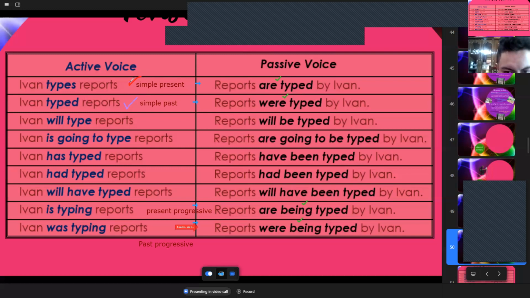So today we are going to practice with this and with present continuous and with past continuous. Now, remember: are typed, were typed, are being typed, or were being typed.